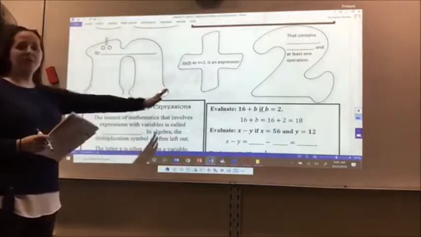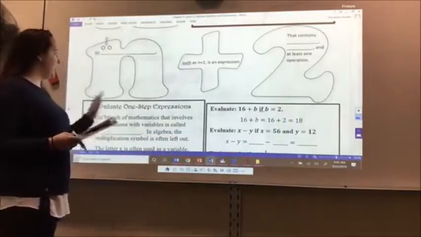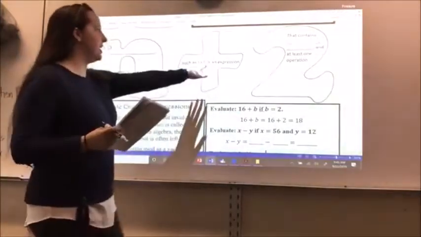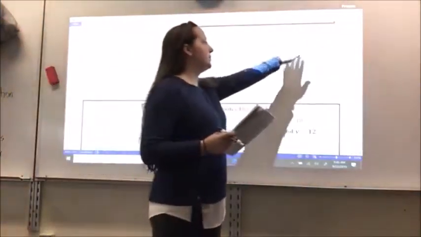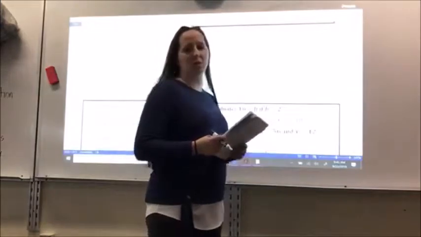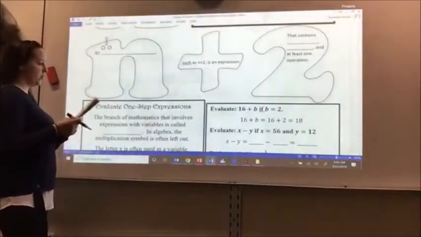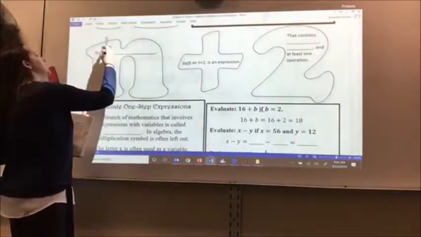Then, an expression such as n+2 is an expression that contains blank, blank, and at least one operation. In the first two blanks, we're going to write algebraic expression.